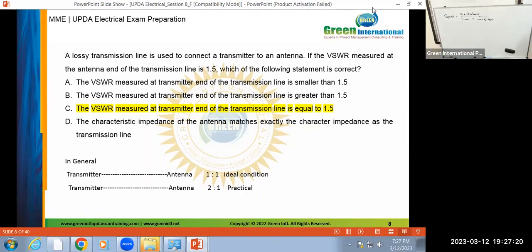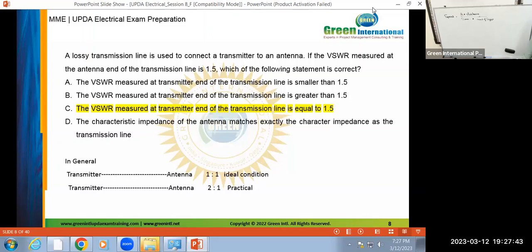And at this junction, we need to remember the conditions for the maximum power transfer theorem. What is the condition? RL is equal to RTH: the load resistance is equal to Thevenin's resistance. Or we may say ZL is equal to ZTH.